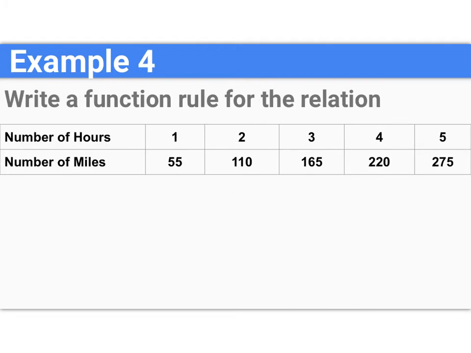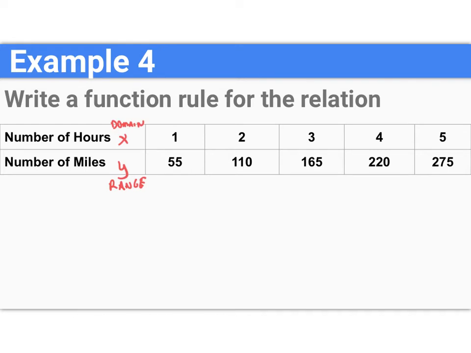Okay, so let's look at our fourth example. Your X is up top, your Y is down bottom. This is also called your domain. When we're talking about relations and functions, we're going to use the words range and domain. If we're just talking about regular graphs, we're going to use the words independent and dependent or input and output.